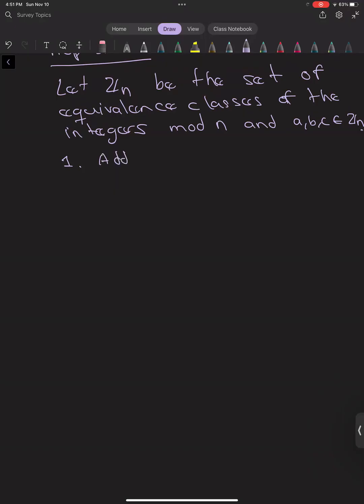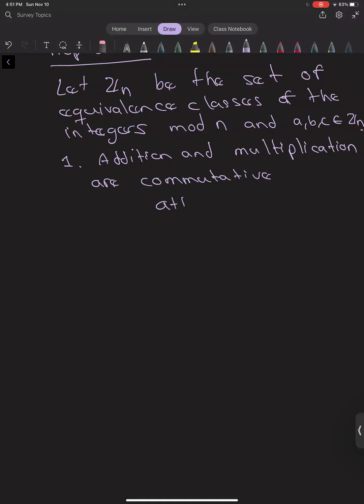Addition and multiplication, our regular addition and multiplication, are commutative. So that means a plus b is congruent to b plus a mod n, and a times b is congruent to b times a mod n.